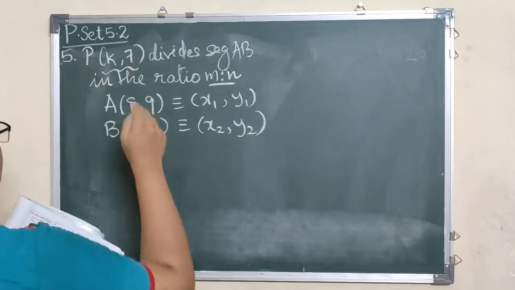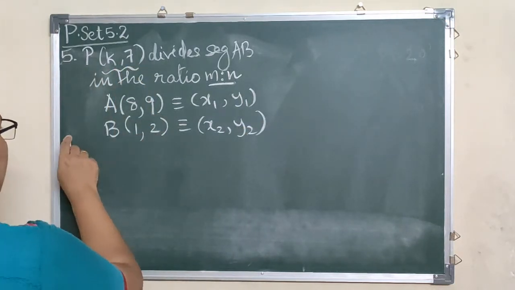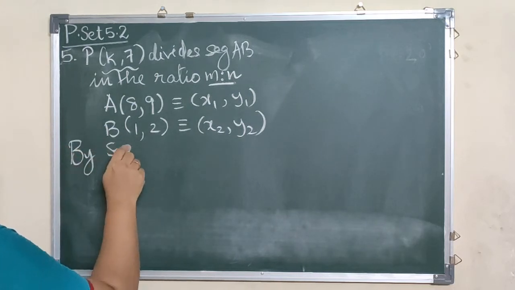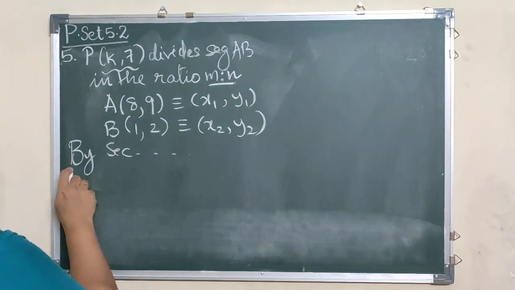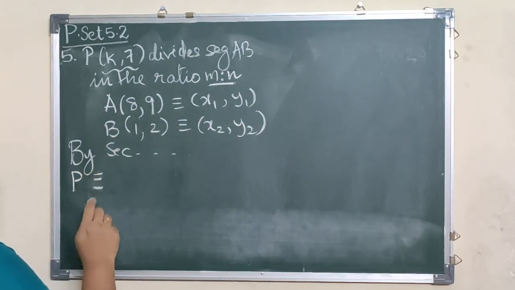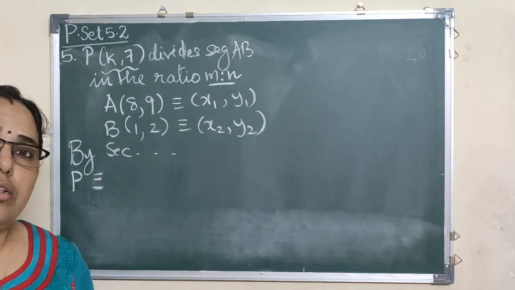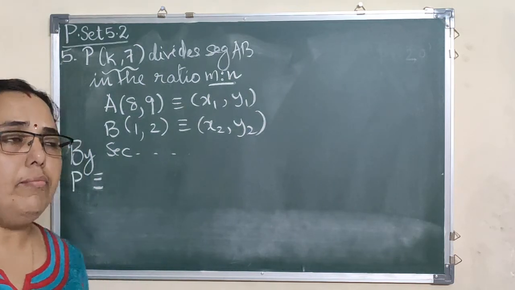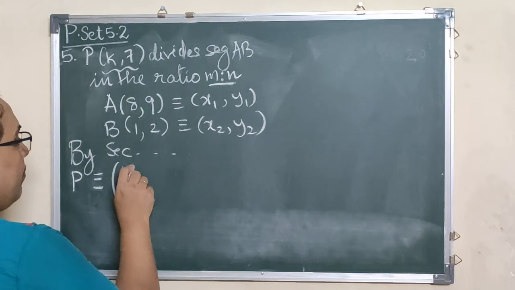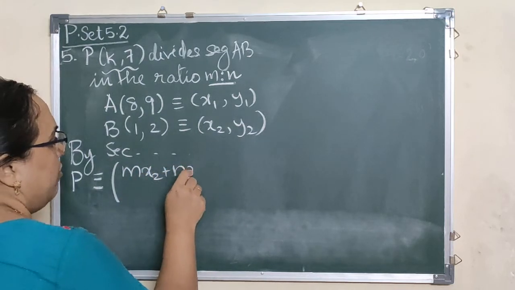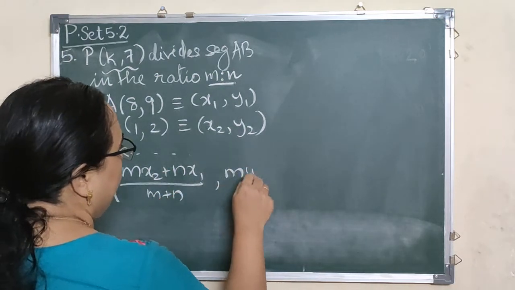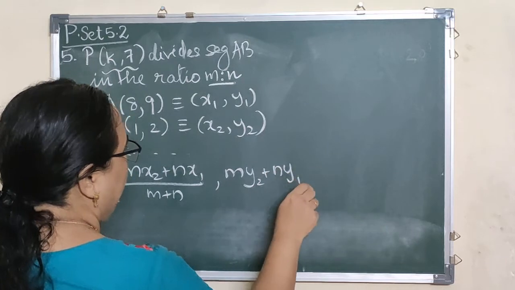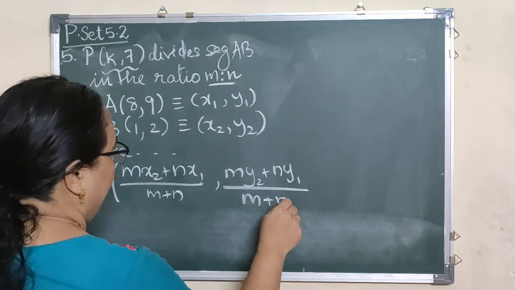And already we have written the point. By the section formula, the coordinate for P is (m x2 plus n x1 upon m plus n, m y2 plus n y1 upon m plus n).